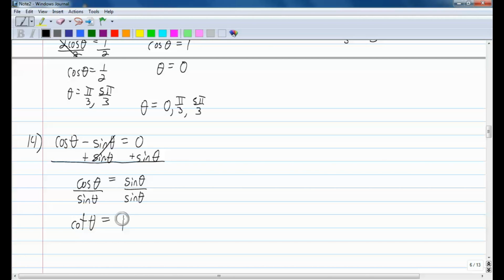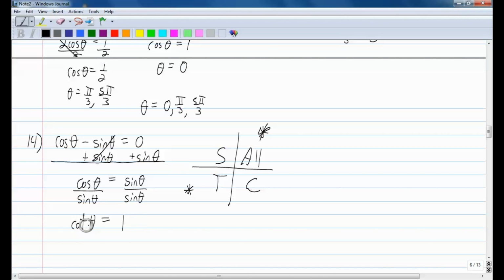Well, cotangent is equal to 1 at two places. Cotangent is positive in the first quadrant and, like its reciprocal, positive in the third quadrant. If you use the tangent function, you take the reciprocal of 1, that's still 1, right?